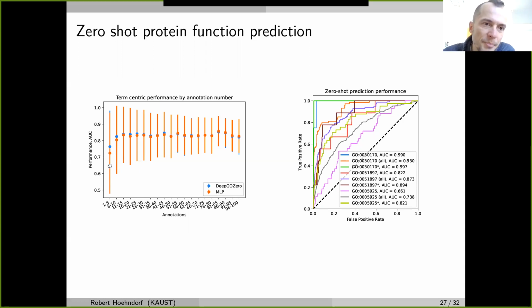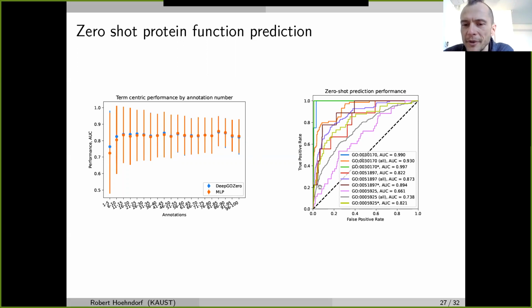And we measure the performance for each class based on the number of proteins that we have to train on this class. And you can see that there's quite a difference in AUC in the beginning, and then this multilayer perceptron will catch up to this DeepGo 0 prediction. And then on the right-hand side, you see the zero-shot prediction performance for just a few of the classes.